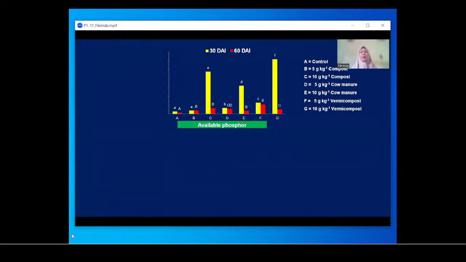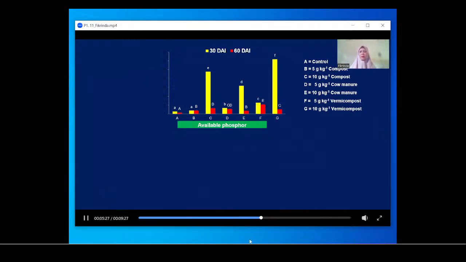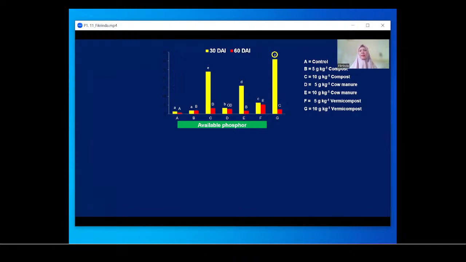For available phosphorus, we can see that the highest available phosphorus was found at 10 gram per kilogram vermicompost at 30 days after incubation. But at 60 days after incubation, the best treatment was 10 gram per kilogram co-manure.